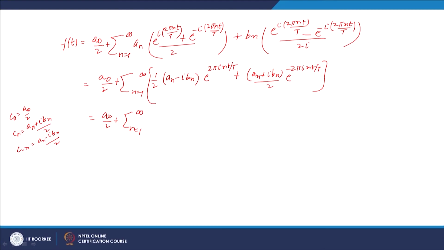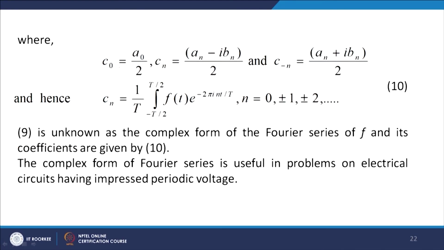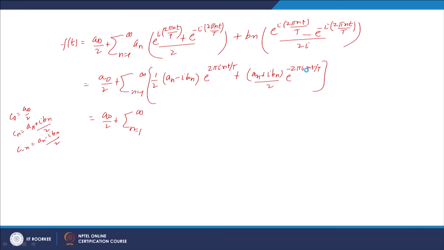Okay. Let us see what we have defined earlier. C naught equal to a naught by 2, C n equal to a n minus i b n by 2, and C minus n equal to a n plus i b n by 2. Let us make the choice like this. So, this is a n minus i b n, this is a n plus i b n.